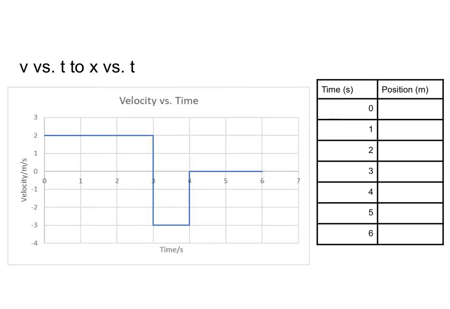I'm going to go ahead and skip discussing how we go from an acceleration versus time to a velocity versus time graph. What I want you to know is that the area under the curve for an acceleration versus time graph gives me my velocity versus time graph.